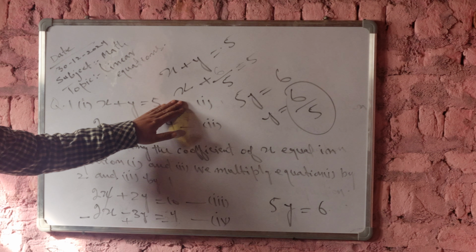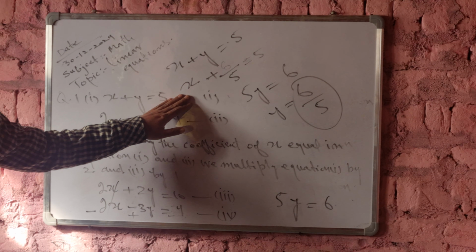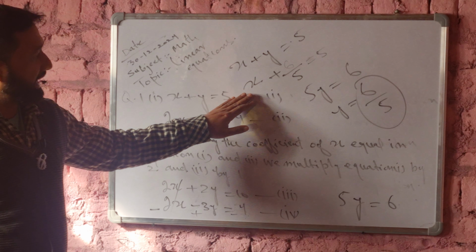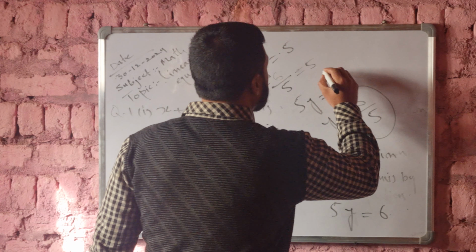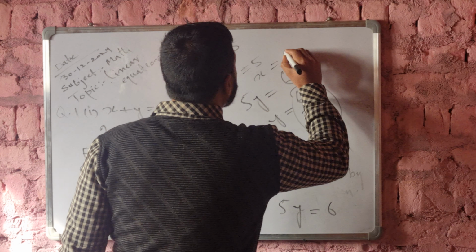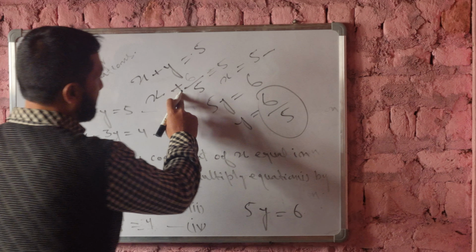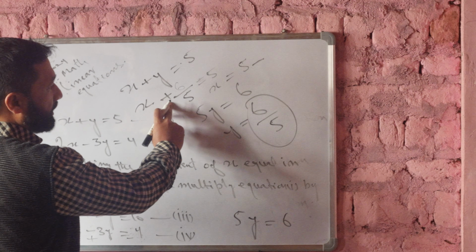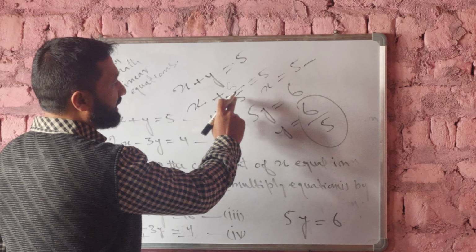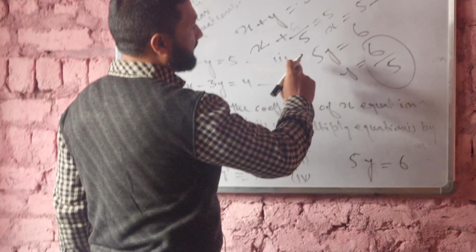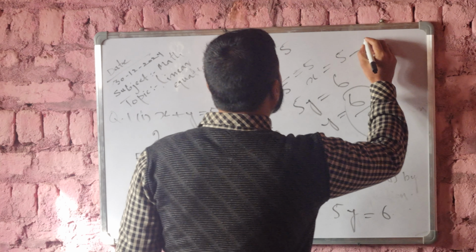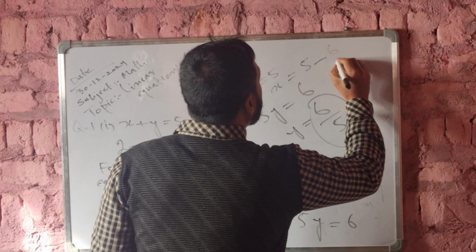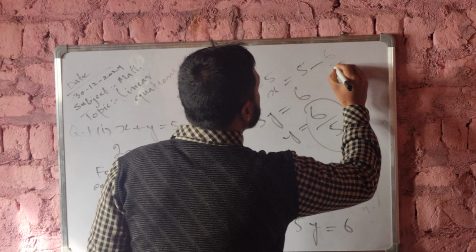Okay. Now, let us separate the constant term and the variable term. We have to find the value of x. x = 5 - 6/5. When we take this value from the left hand side to the right hand side, its sign gets changed.